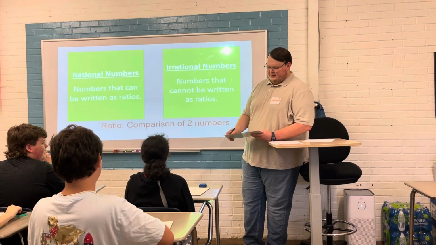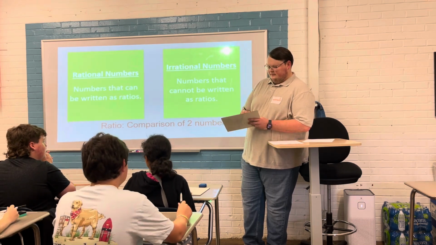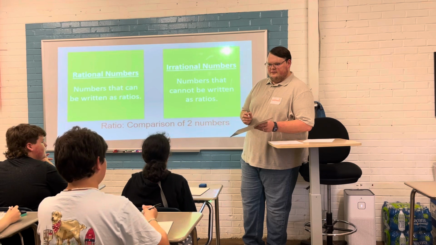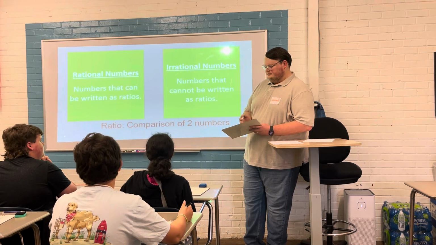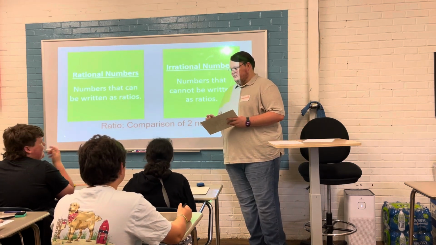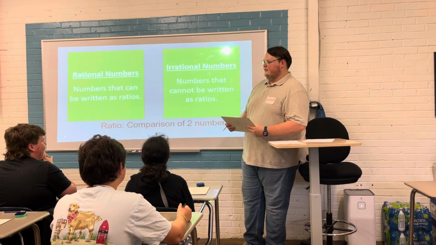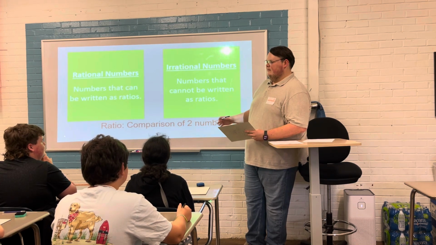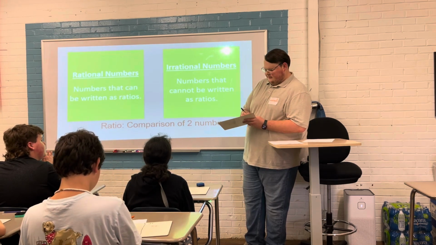So where would we put 9? Rational. And 4.5, where would we put that? Look, if it's just 4.5, just straight up 4.5, no repeating, no long decimals, what do you think it goes under? Rational, yeah, that's right.